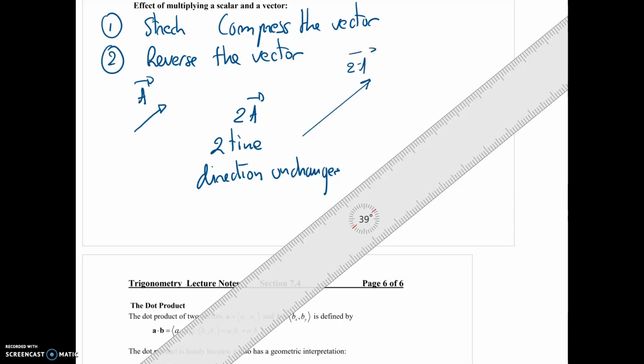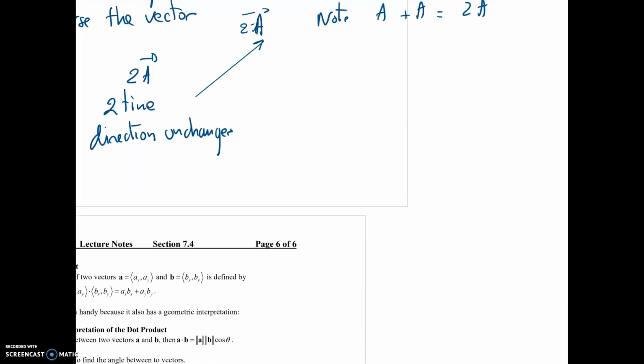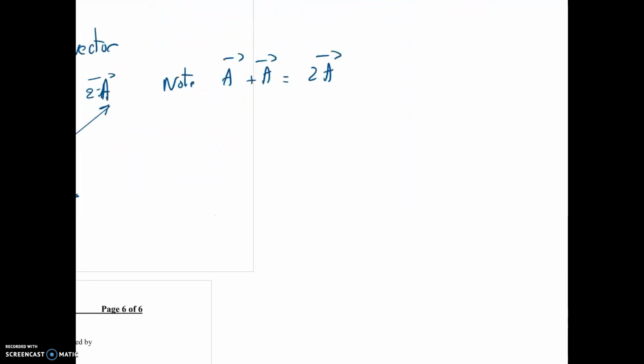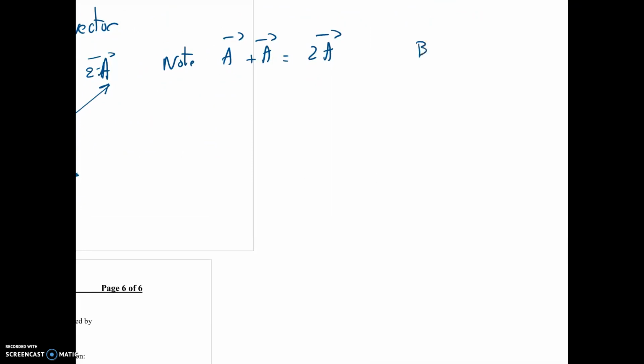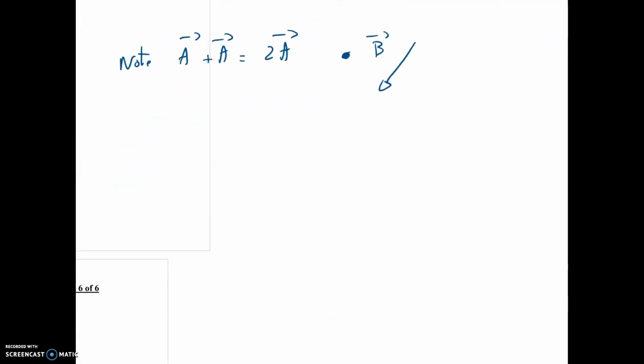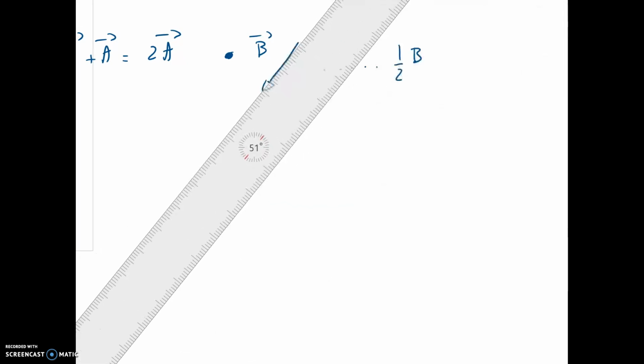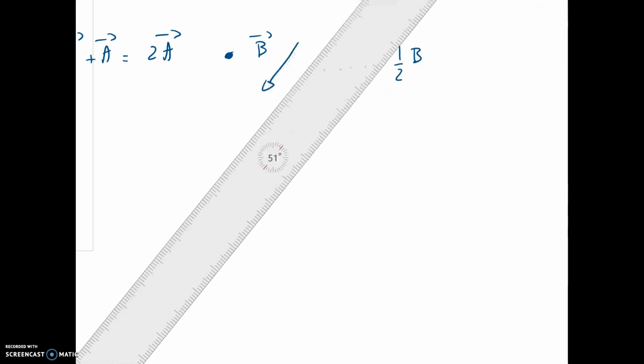Note that A plus A equals 2A. All right? If you have B, let's say you have B like this, and then we go to half of B. Well, again, what I'm going to do is make sure it's pretty much okay.